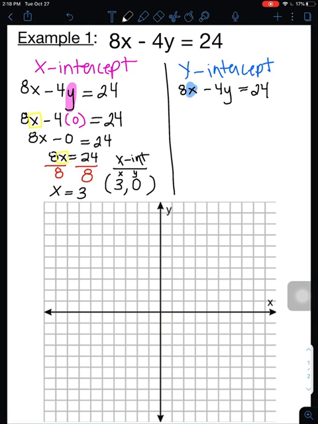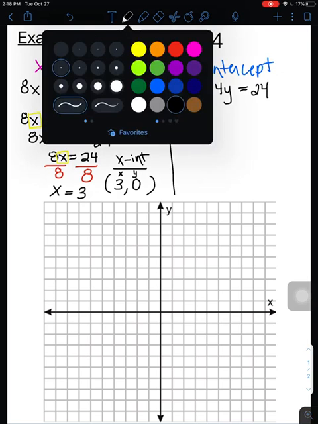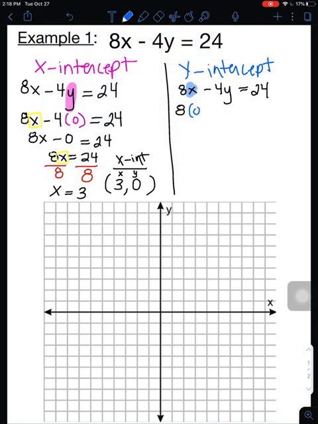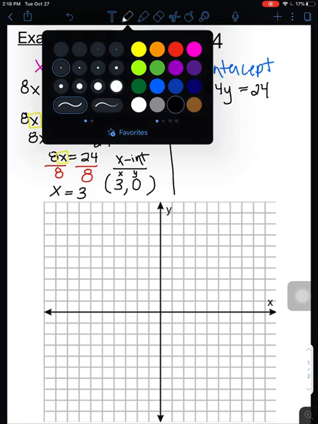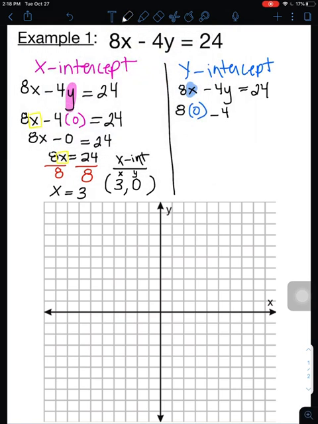So it's going to look something like this: 8 parentheses 0 minus 4y equals 24. So 8 times 0 is 0, minus 4y equals 24. So we can pretty much just say negative 4y equals 24.